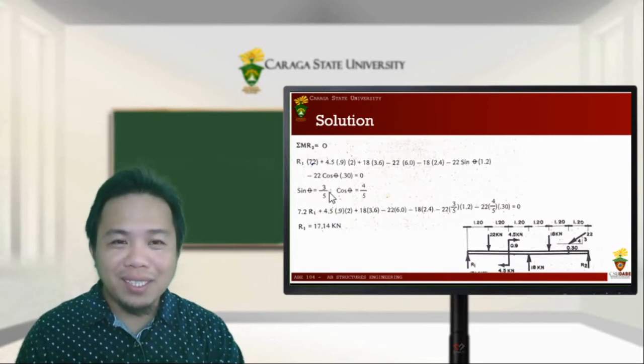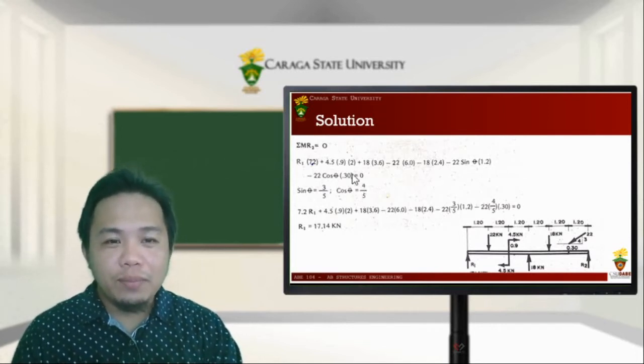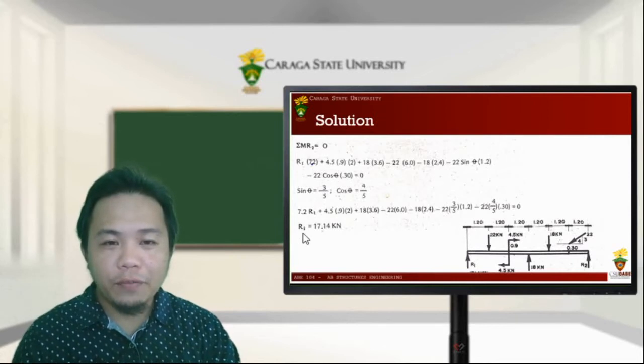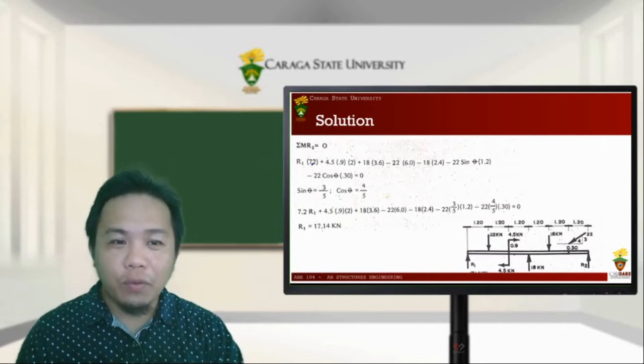So recall your trigonometry. So we can formulate this. That sine is just equal to opposite over the hypotenuse. Then cosine is adjacent over the hypotenuse. Okay, then by simple manipulation, you can find that R1 is just equal to 17.14 kilonewton. Okay, so we have the value for R1.